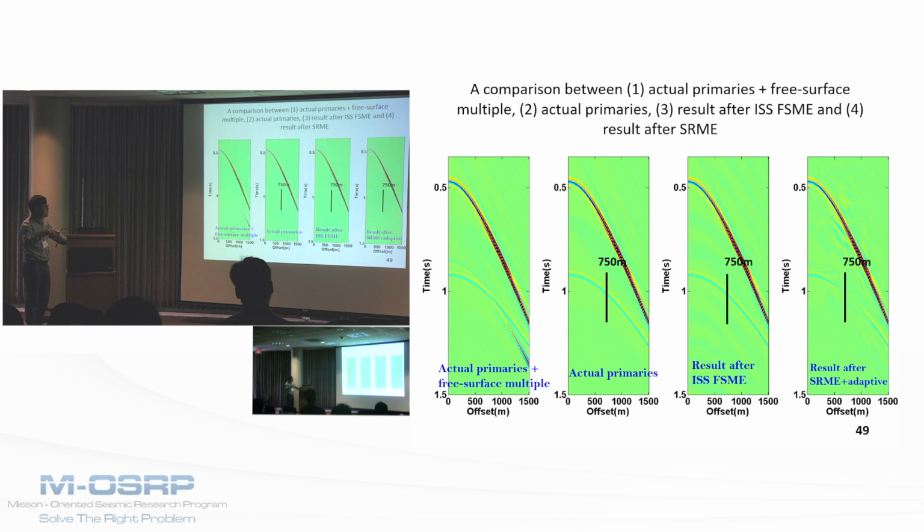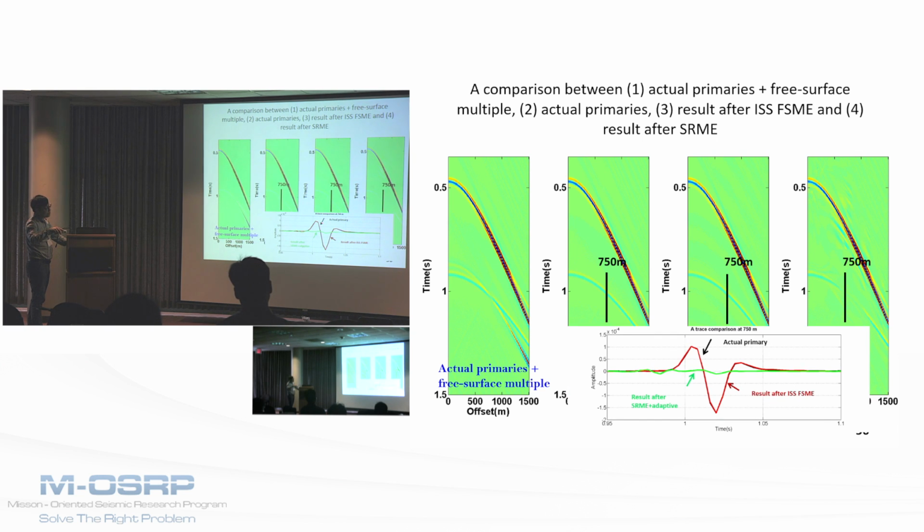Next, we do a trace comparison at this interfering zone, where we compare the results from these two algorithms with the actual primaries. And here, this black line almost overlaps with the red line, where we can only see the red line, whereas actually the black line represents the actual primary, and the red line represents the result after the ISS method.